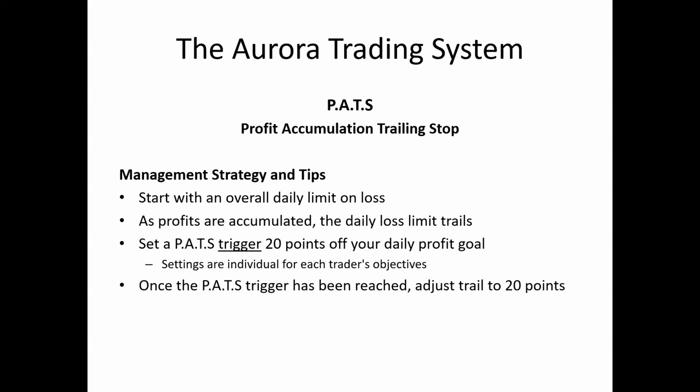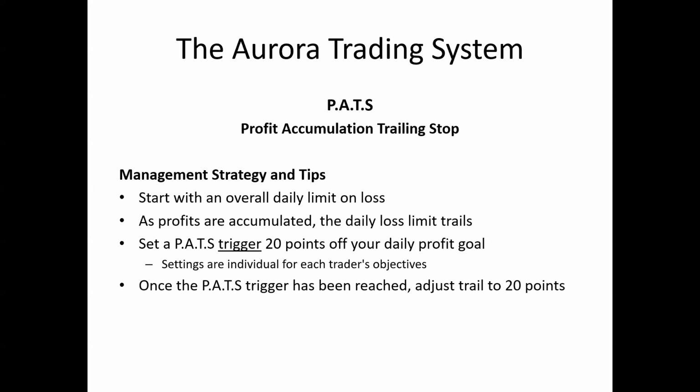I am now willing to lose 85 points from where I am right now, which means that I could lose a total of 50 points for the day. So as soon as you start accumulating profits, then PATS kicks in and it protects you from giving back all of your profits and then some.